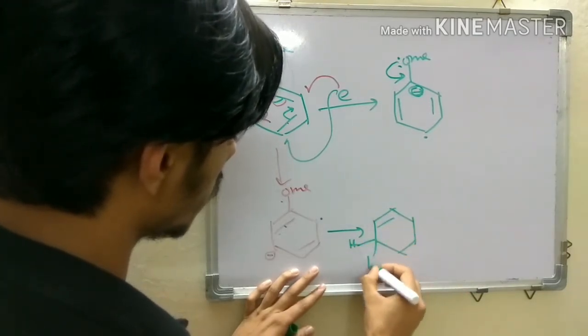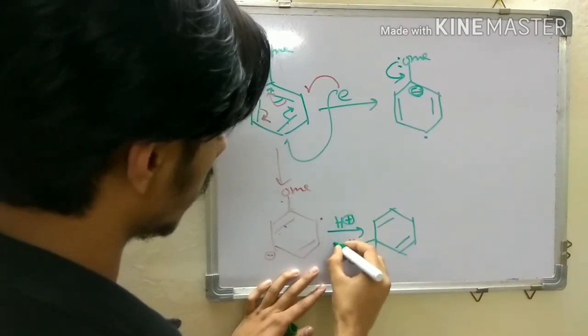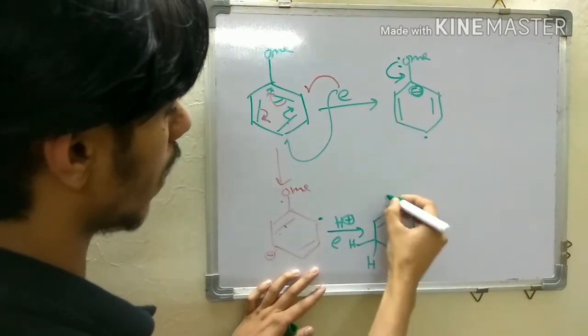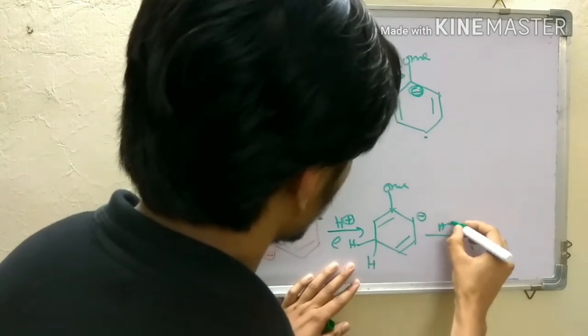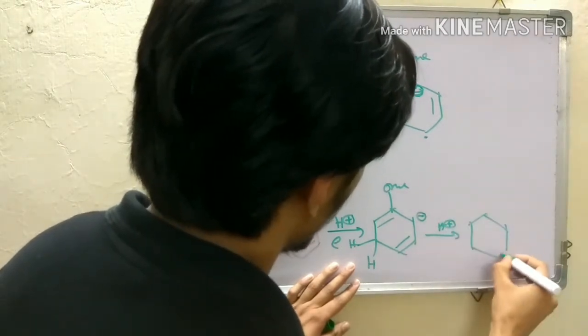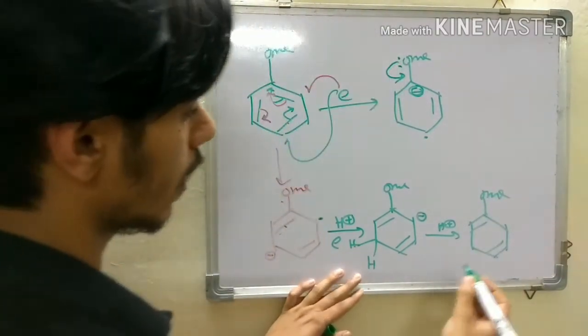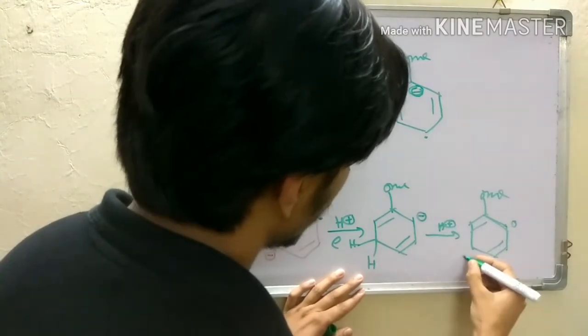So you have two hydrogens here, one H plus is added, and in the second step one electron is added, so from radical it is converted to anion, and then again H plus from ethanol comes, and you get this particular product. We call this ortho-meta.